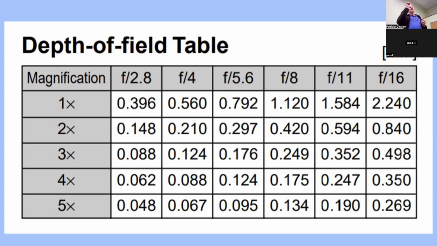But if you want to do 1 to 1, you've got to have something that's going to fit on your sensor. Which means if you have a full frame, it's 36 millimeters. Anything longer than that is not going to fit, and 25 millimeters high. So it's getting pretty small at 1:1.